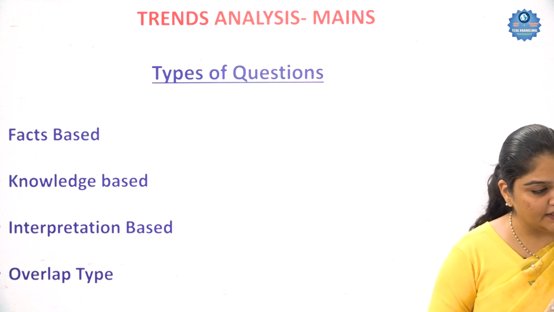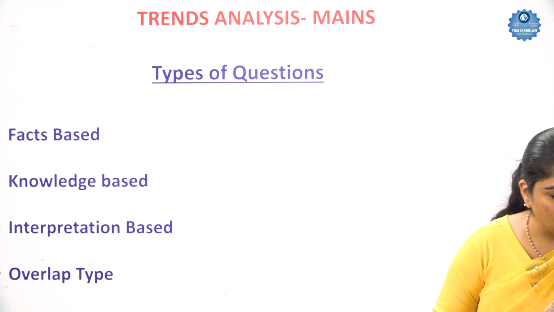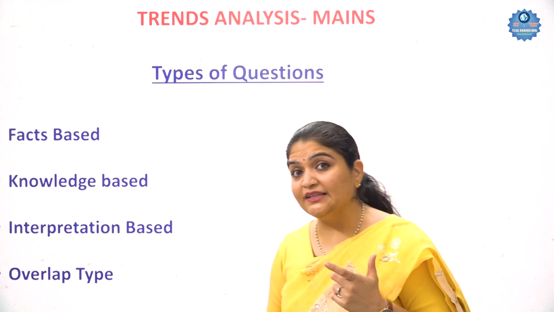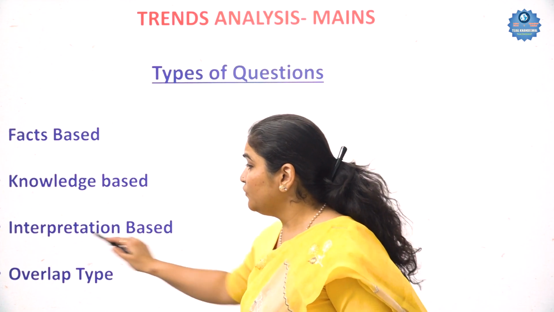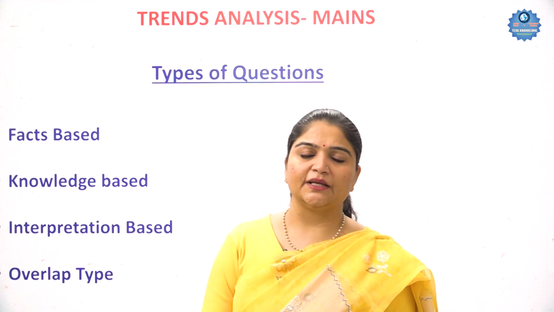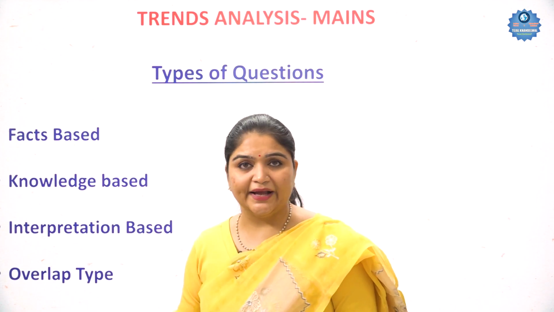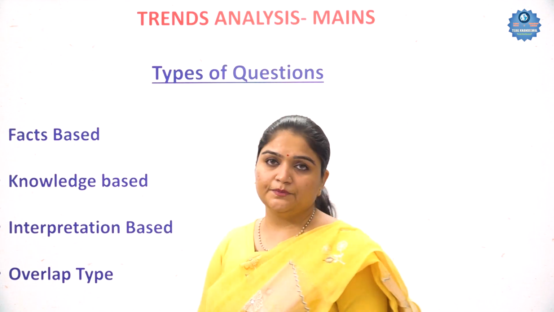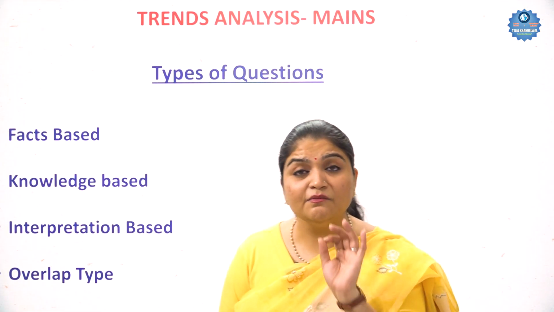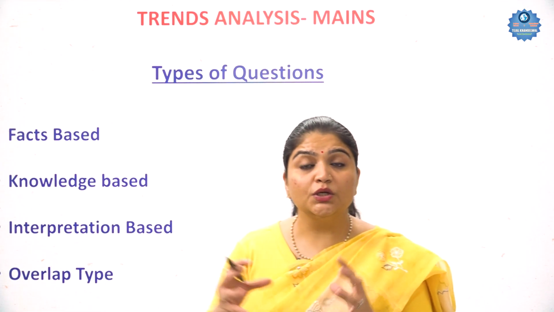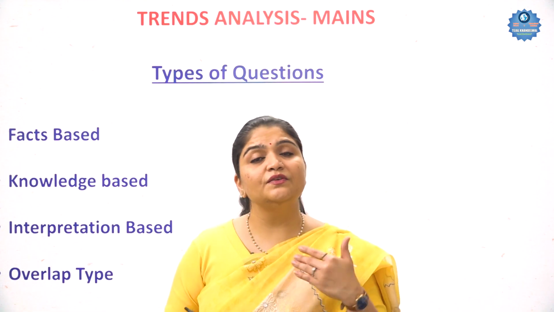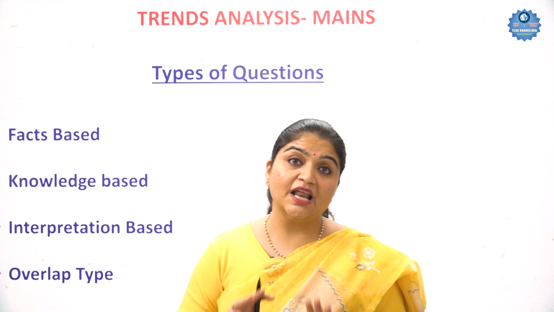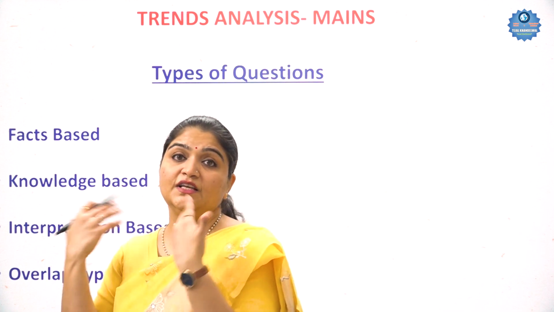So all these three things will be there. For example, the question on Japan that came in 2019 was a very good example of an overlap type. Why? Because you had to write about facts, you had to have understanding of relations at all levels, as well as interpretation, because the question says the time has come for India and Japan to come closer, and their economic and strategic political closeness will have impact on Asia as well as the world.